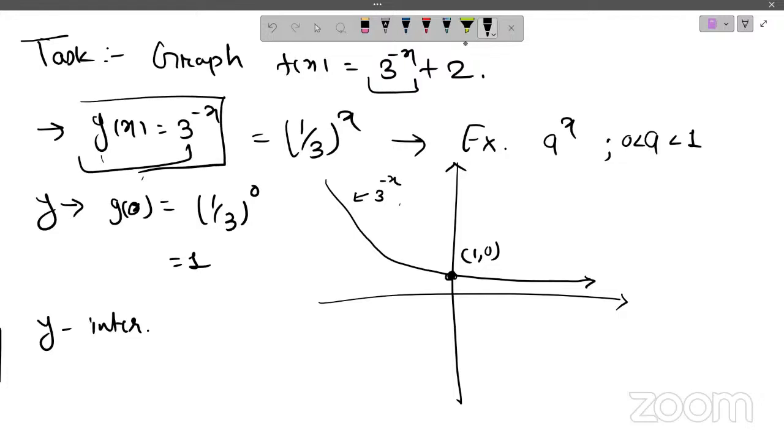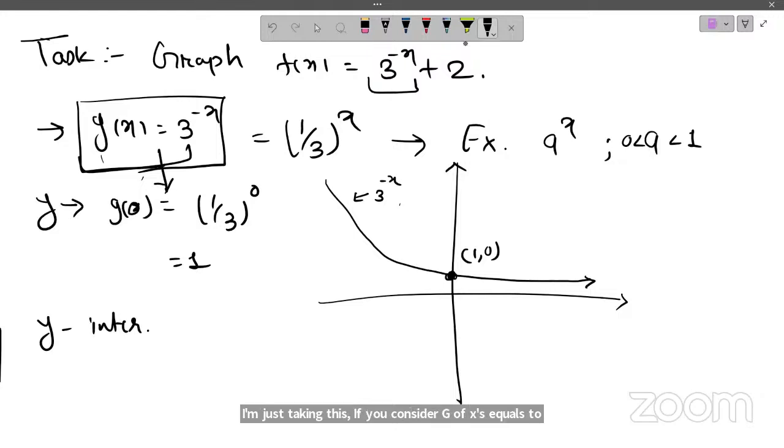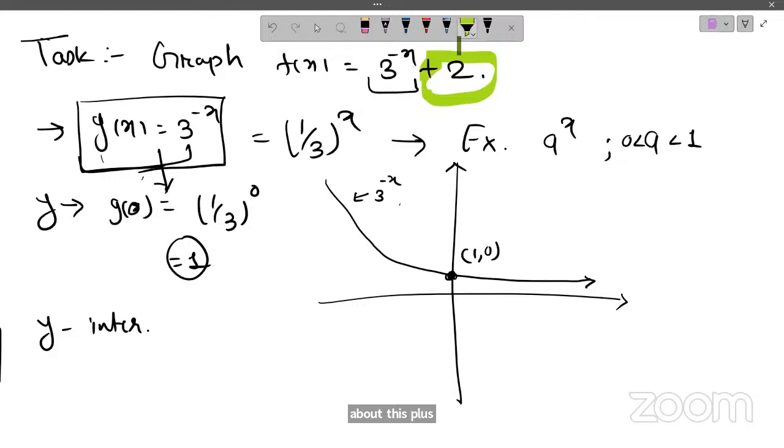If you consider g(x) equals 3 to the power minus x, then the y-intercept of this graph is 1. You don't have to bother about this plus 2. We will make it just by shifting it 2 units upward. This will give us all the required properties. We just want to draw the graph of this exponential function.